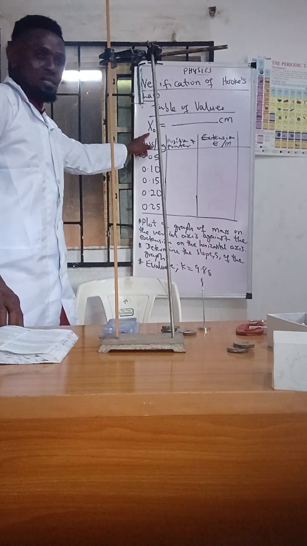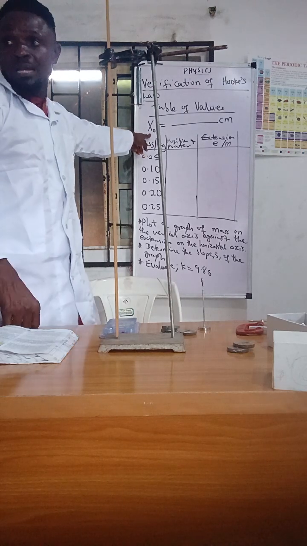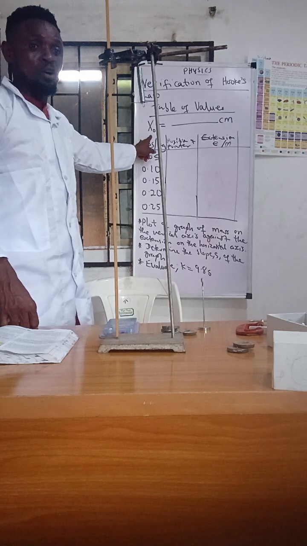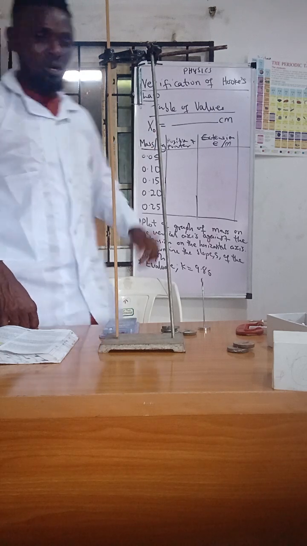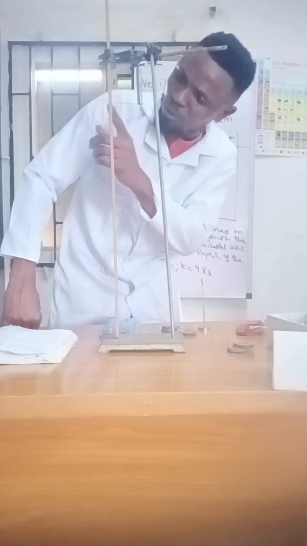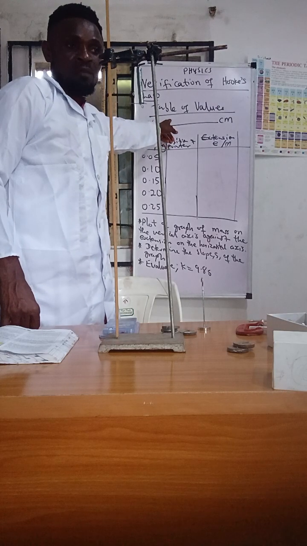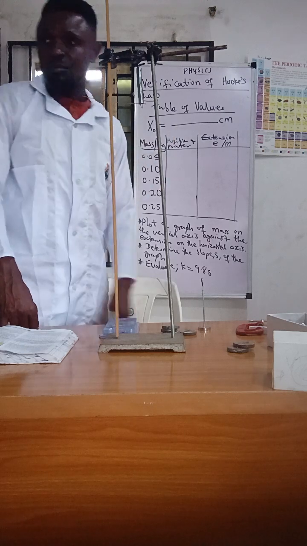That means when the spring has not been loaded, you determine the original length. You see the position, you mark it there. If it is 50 or whatever it is, you mark it in centimeters.